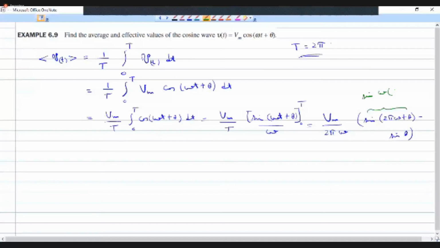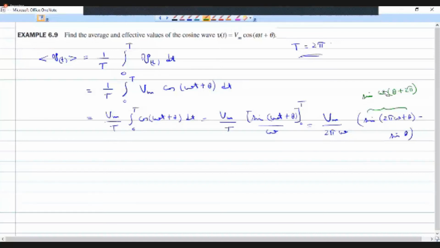Theta plus 2 pi, which is nothing but our sine theta itself, right? Sorry.